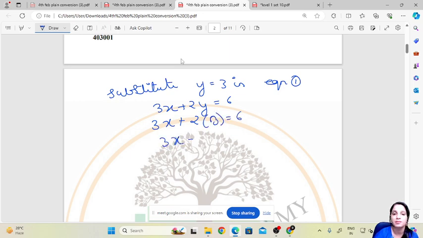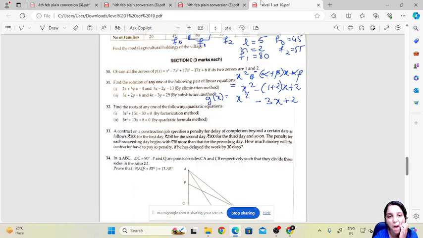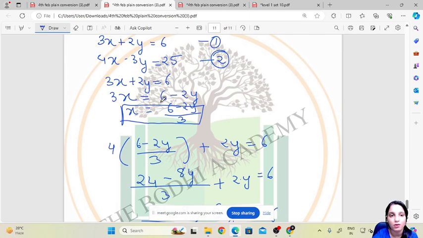Then 3x plus 6 equal to 6. 3x equal to 6 minus 6. Okay, I'll just check this one more time.